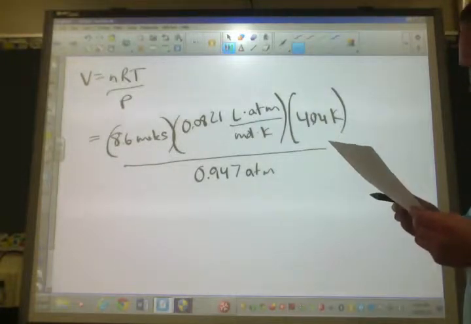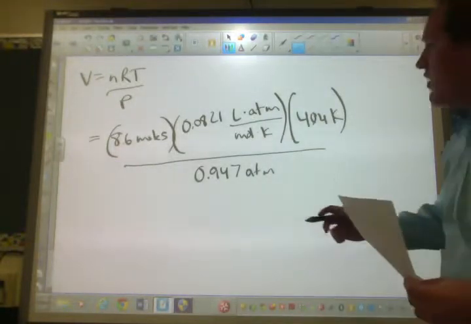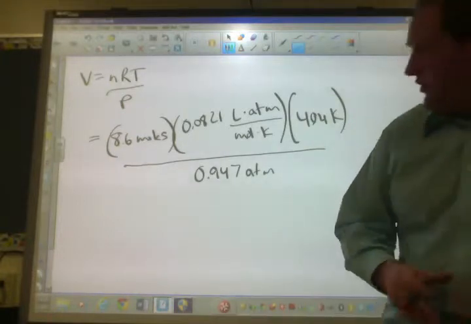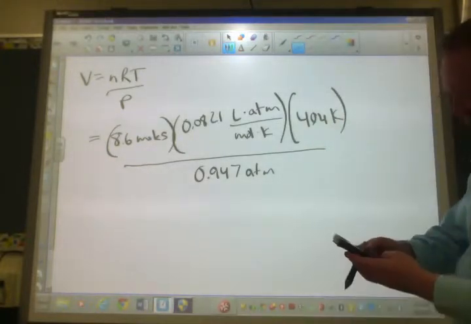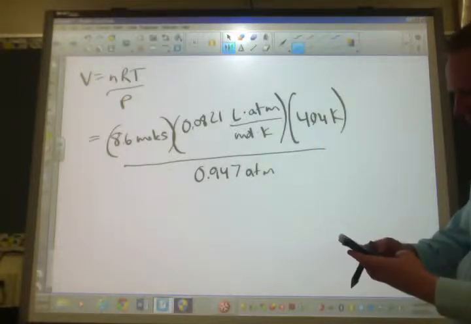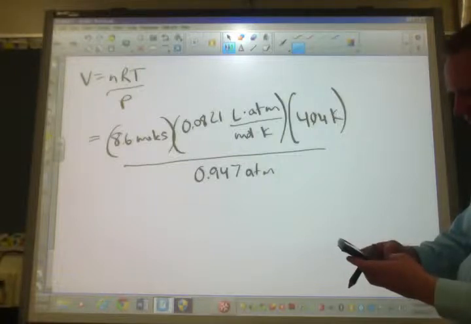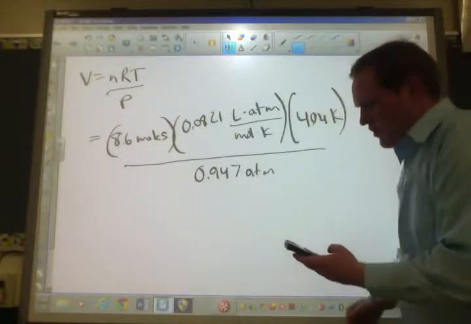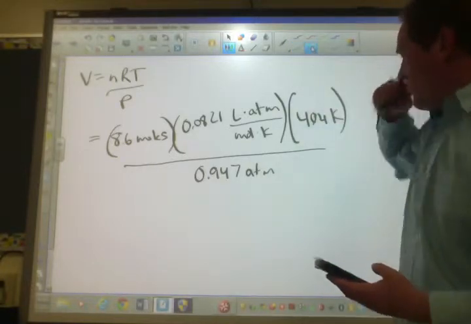Volume. So it should be liters, right? I'm just going to double check my math here. I don't trust what I wrote down. 8.6 times 0.0821 times 404 divided by 0.947. Okay, so I get 301. We want to make sure our units work.